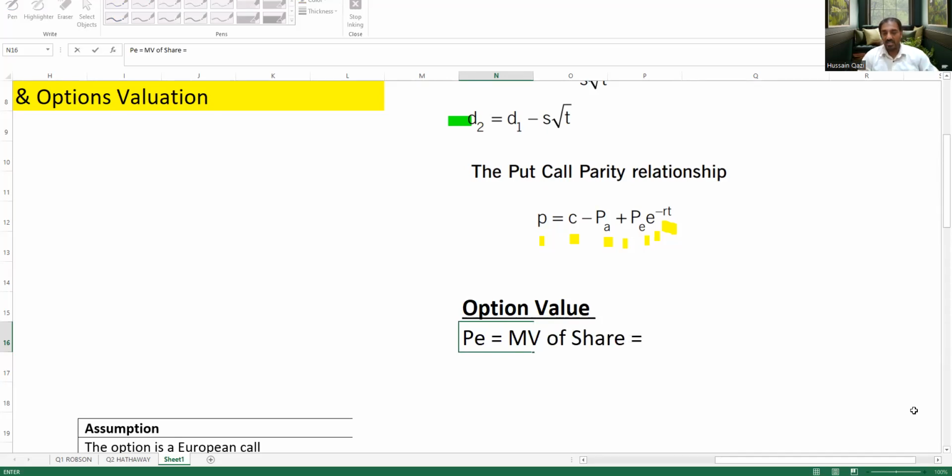And you know very well, if you right now calculate the value of something, now means you are standing at 0. So by default, you are calculating the option value. So the first variable is market value of share. That means by default, market value means present value of future cash flows.